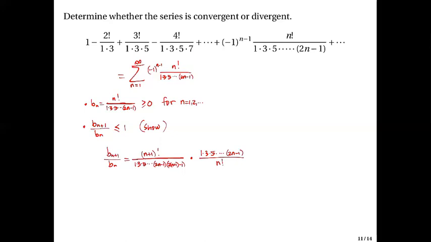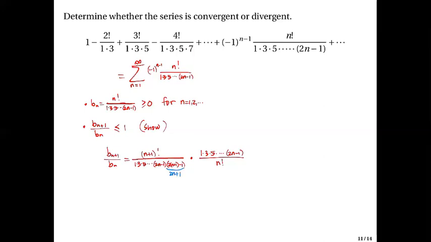So note that on the denominator, you are just multiplying the first few odd integers, which means that 2n plus 1, the next term to that, is the next odd integer. And you will see that if you multiply this 2 into this n plus 1, this guy here will be simplified into 2n plus 1.